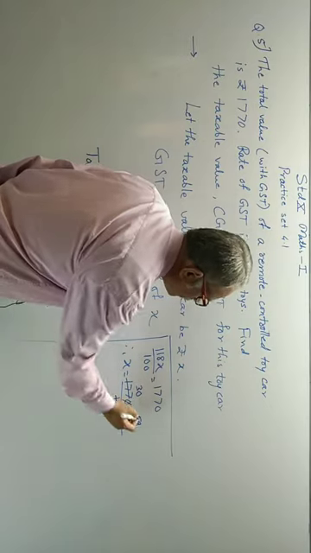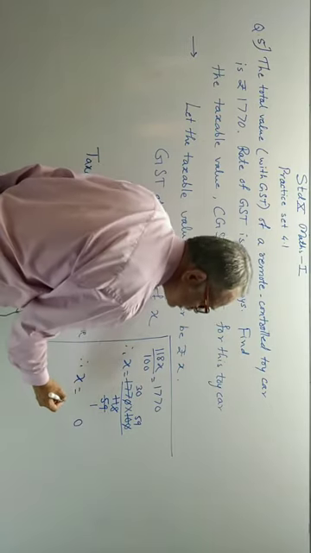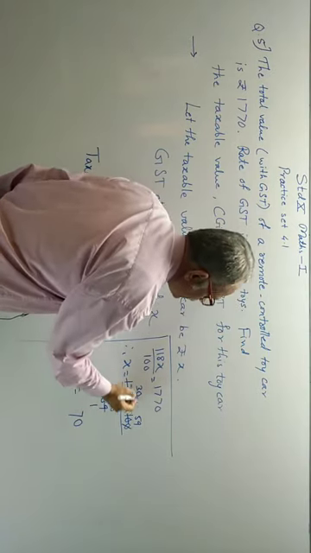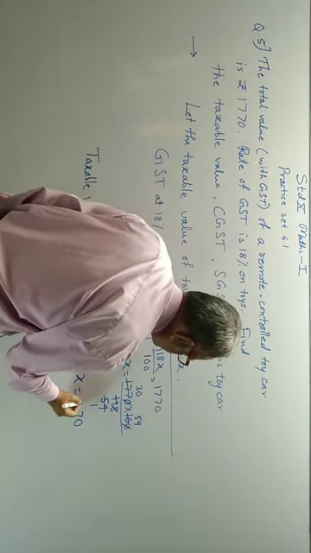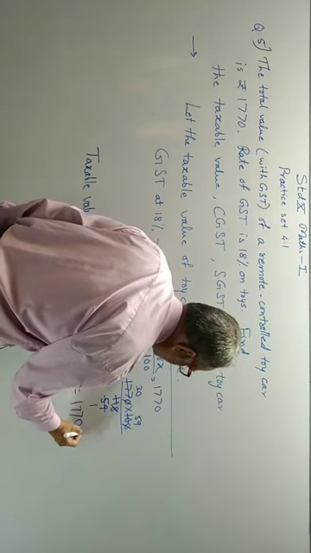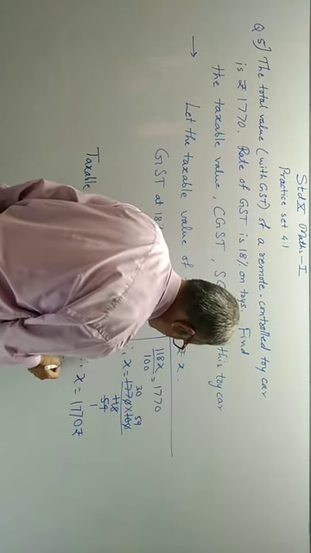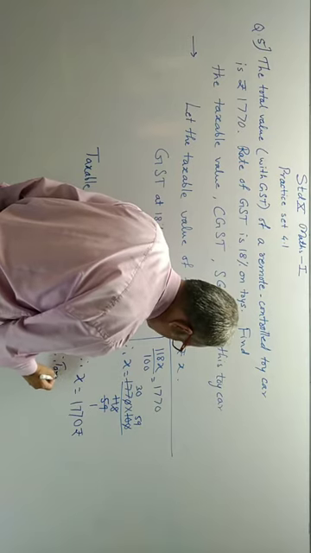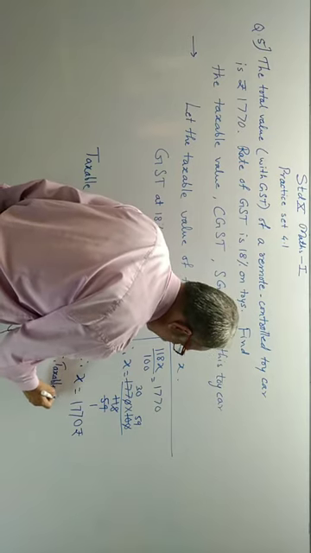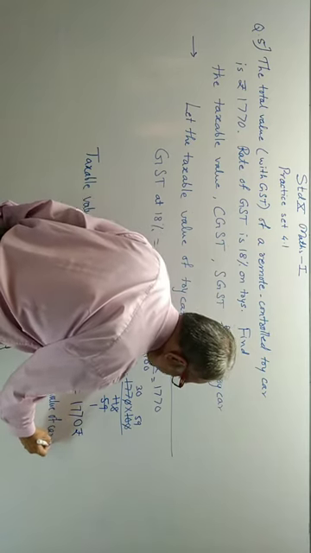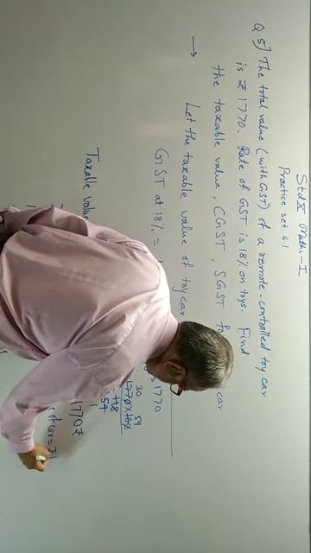30 multiplied by 59, 0 as it is. 3 9s are 27, 3 5s are 15 and 2 is 17. X is 1770 rupees. Therefore, taxable value of car is rupees 1770.